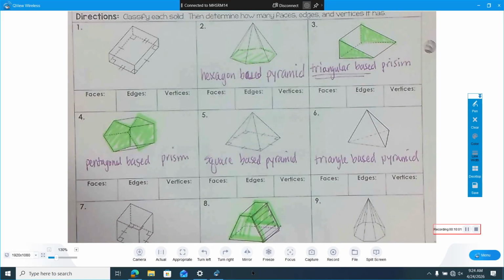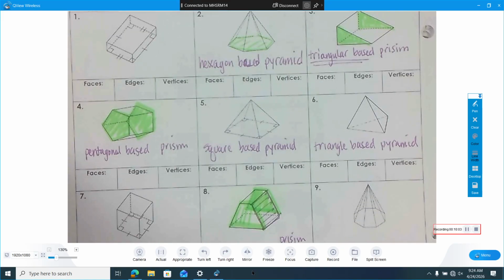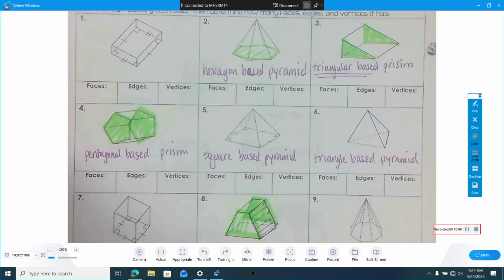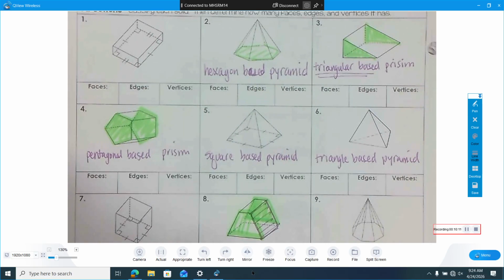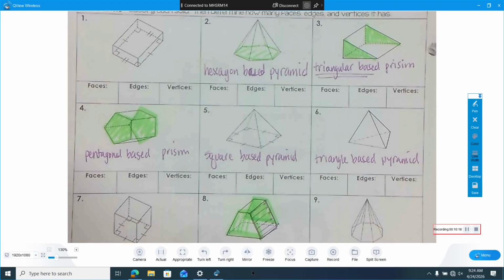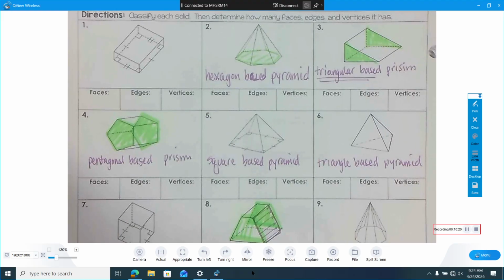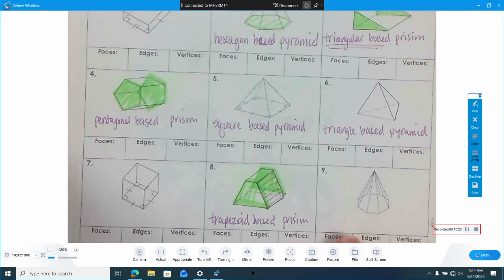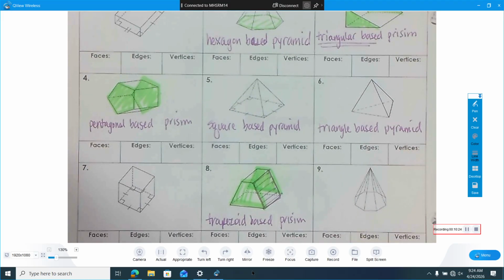So all of the shapes that connect the bases are going to be rectangular shaped. It's a good way to identify those prisms. So this is probably a trapezoid-based prism. Trapezoid-based prism.